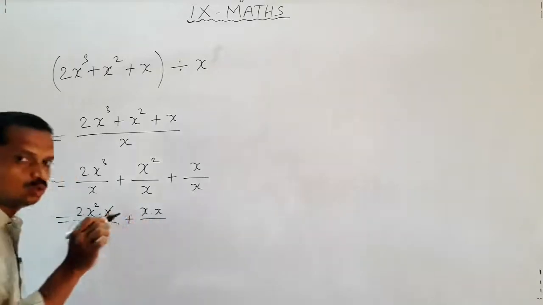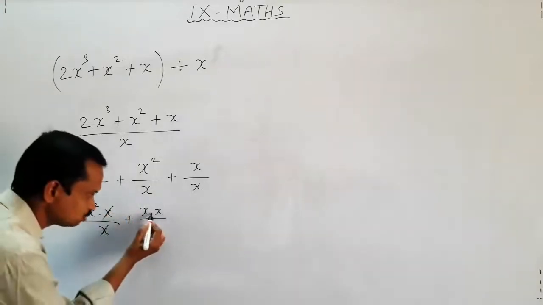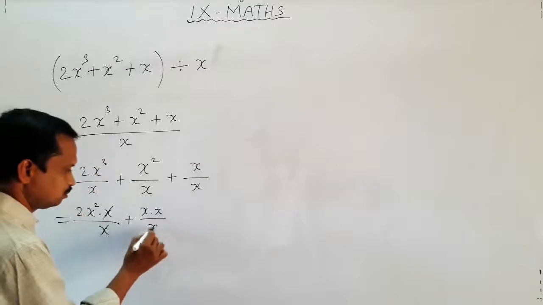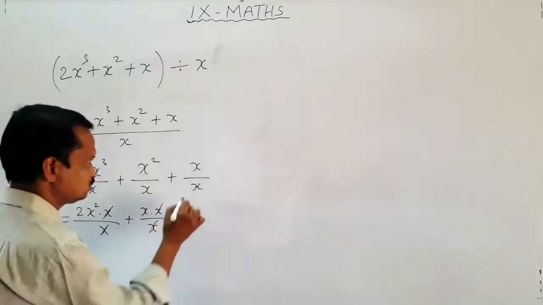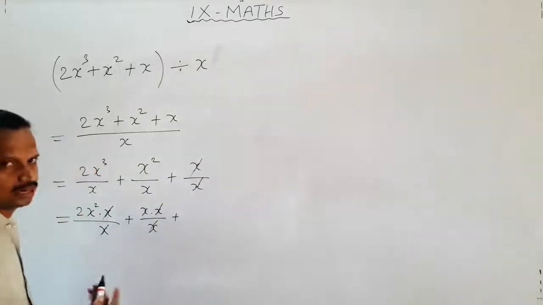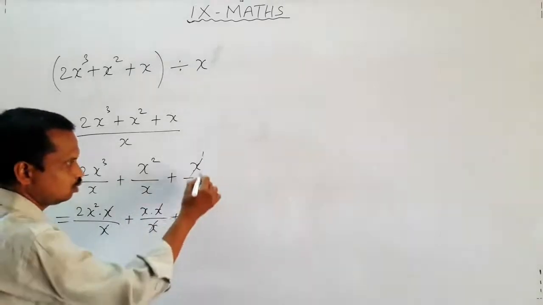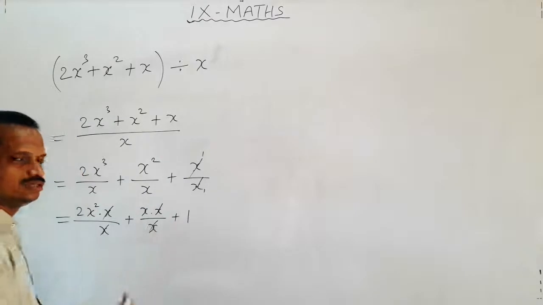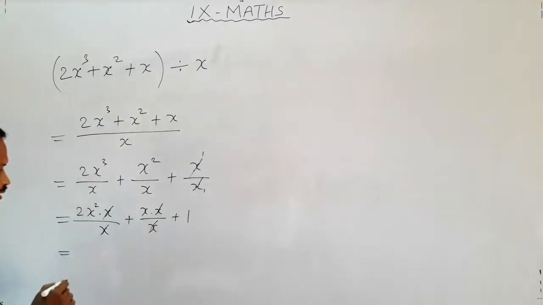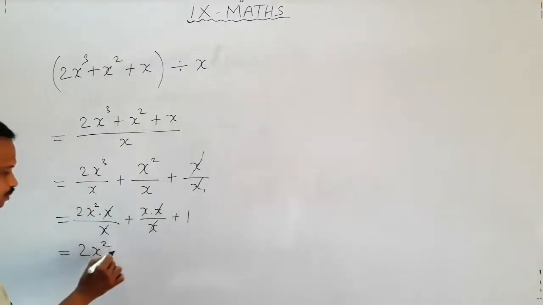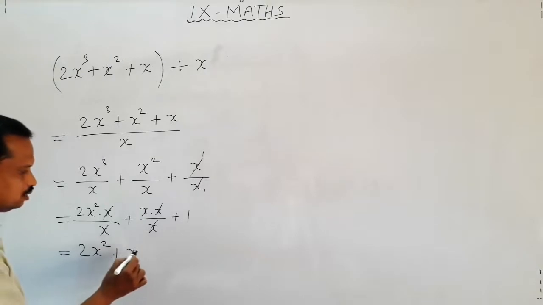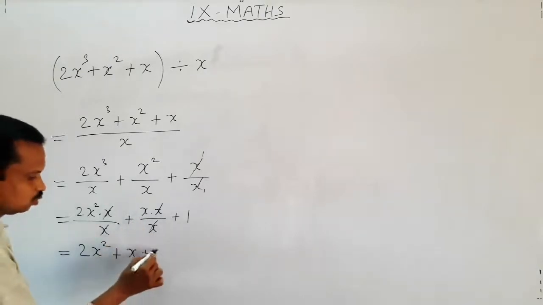For "into", I just put a dot. Okay, so x cancels. Plus here 1x, here also 1x. So what will come here? 1 by 1 is 1. So finally we get 2x square plus x plus 1.